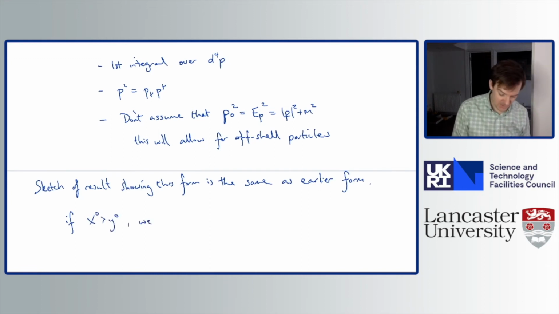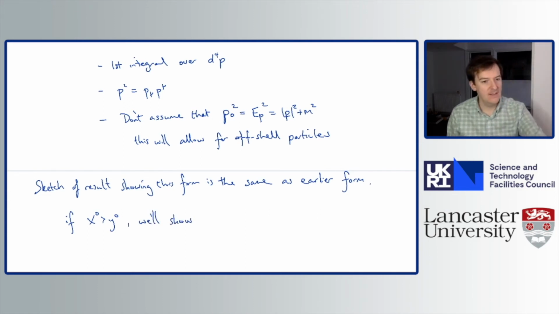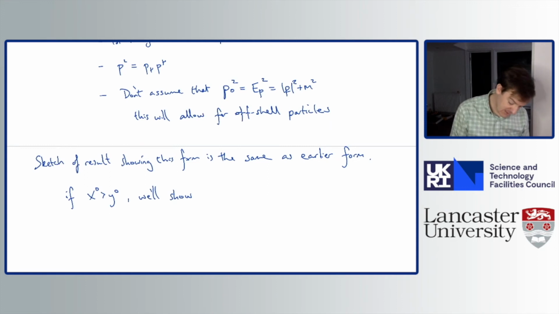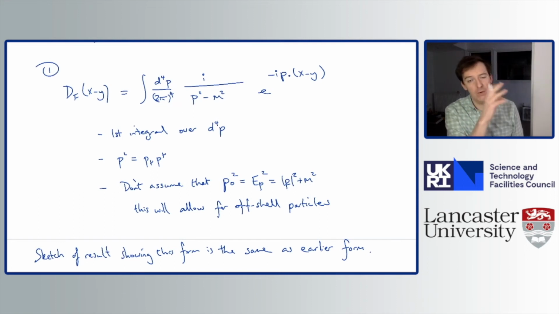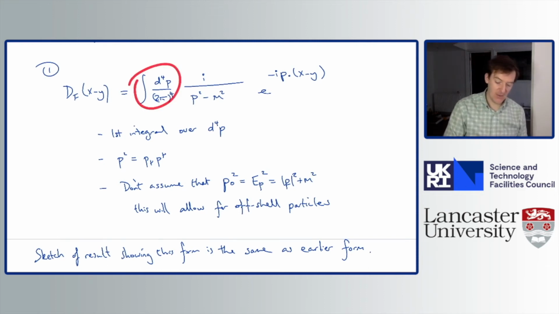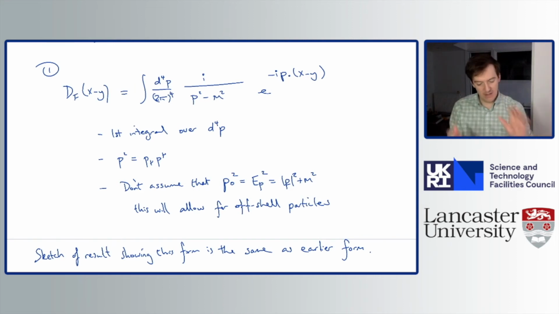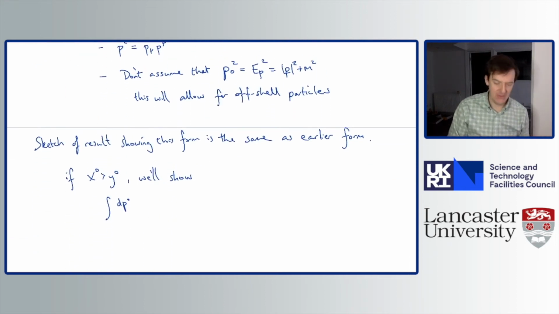Obviously here we have a d^4p and we want to get to the result where we have a d^3p only. So we need to integrate over the dp naught component, so that we go from a d^4p to a result that only has d^3p in it.